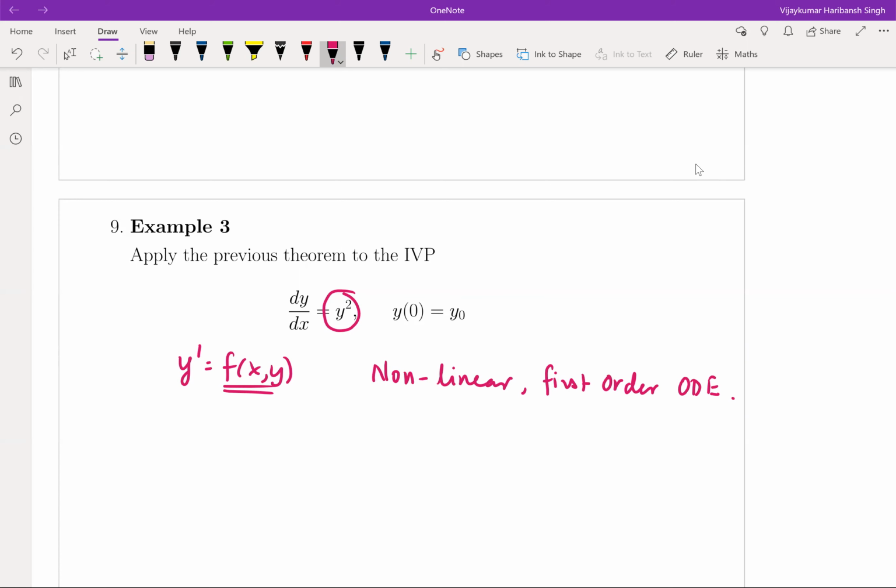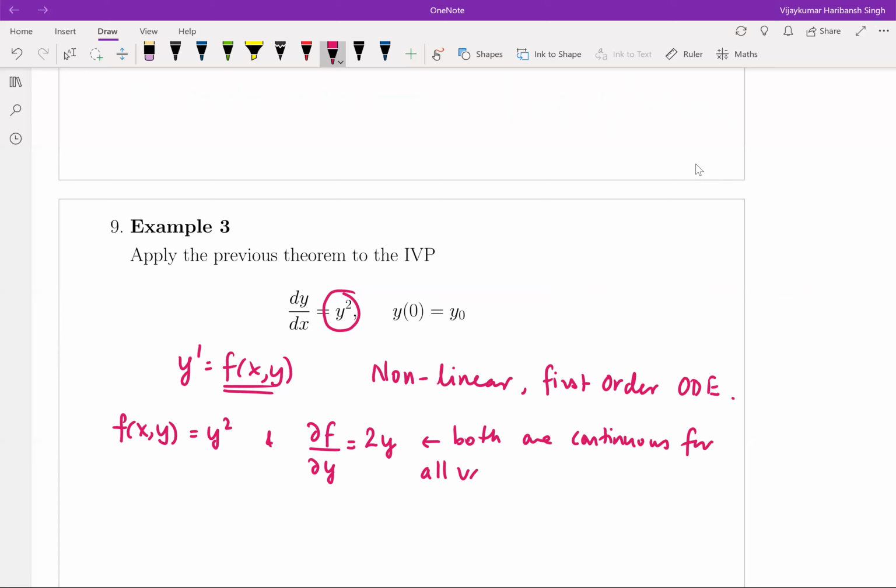So now we need to apply the theorem. Recall the conditions for the theorem. You needed f of x, y, which is y square, and the partial derivative of f with respect to y, which is 2y, to be continuous. But they both are continuous for all values of y.